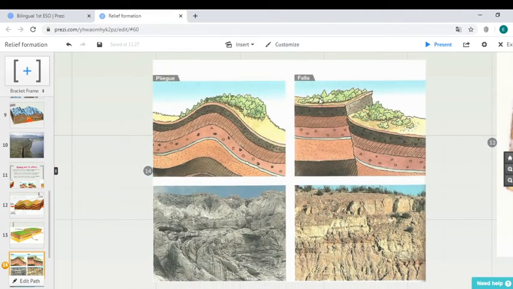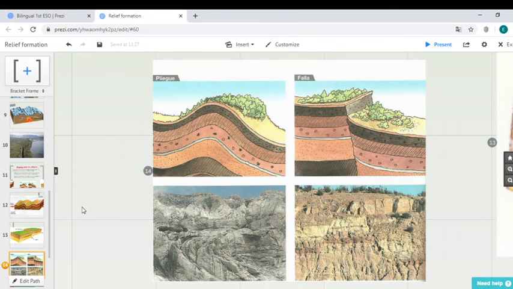Second example, the faulted relief. Observe how the relief is completely broken here because it has no room to just follow a curvy pattern. It is not a soft material, so it breaks.